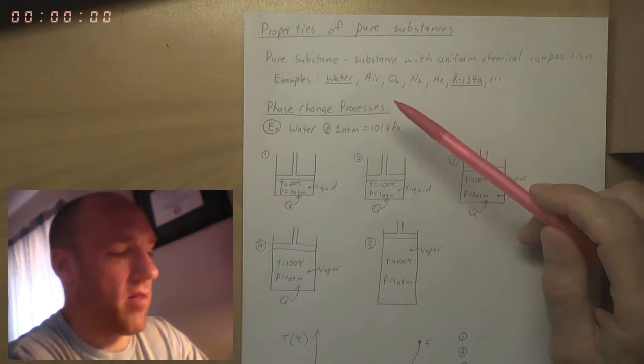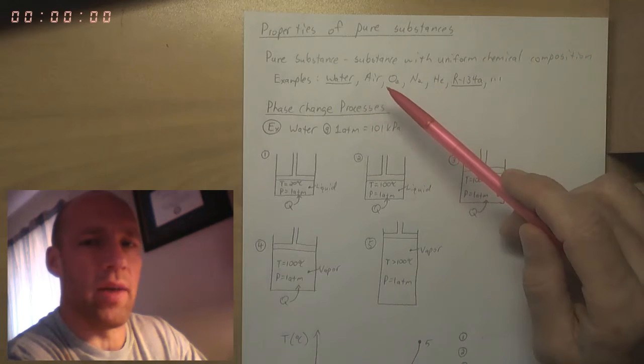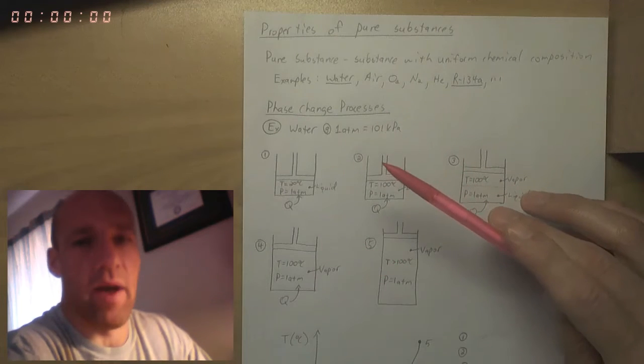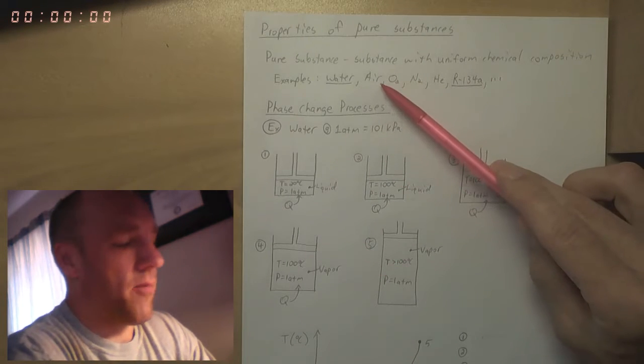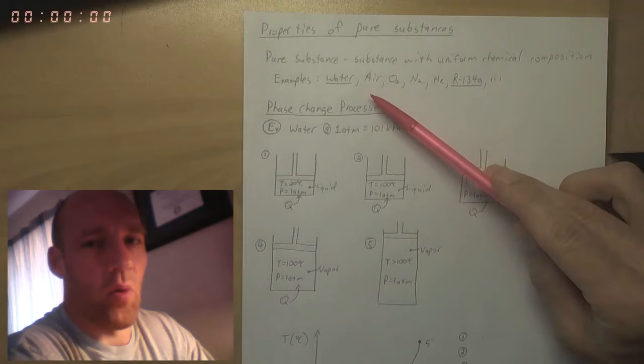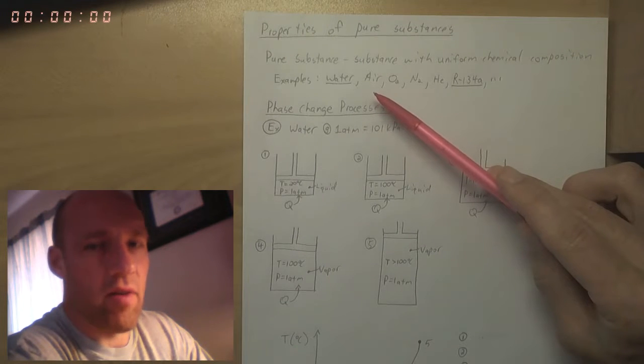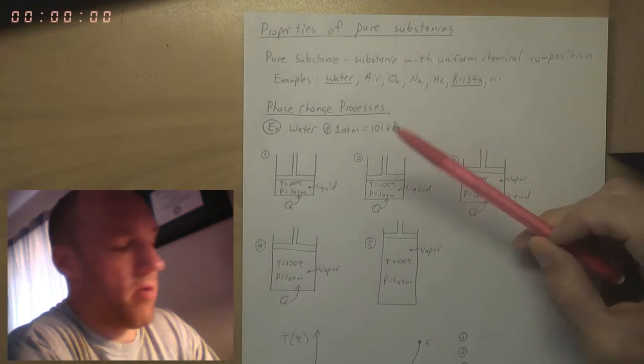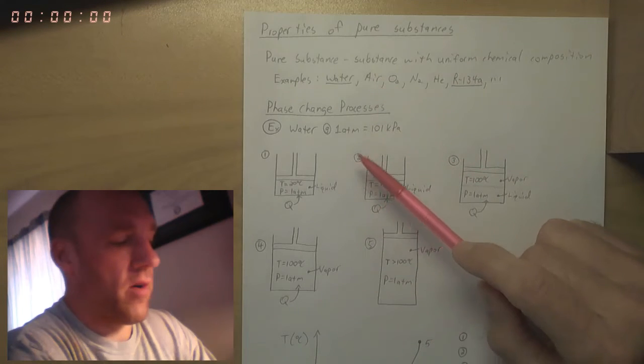You get interesting behavior when you get really cold and you start to liquefy the individual components that come out of air. But for all intents and purposes, we stay pretty far away from that in most engineering devices. So air is treated as though it's a pure substance.